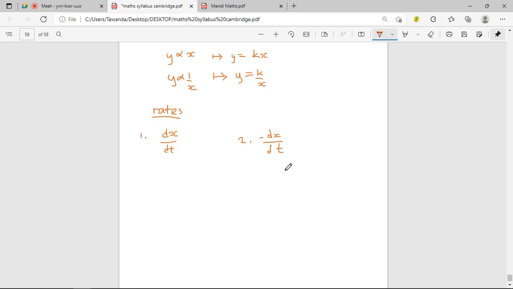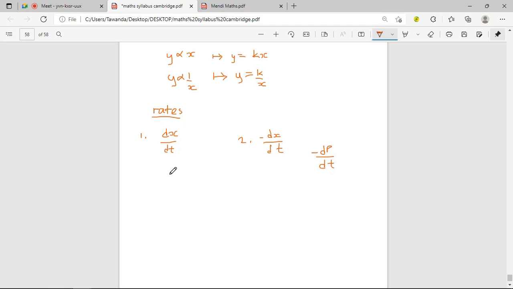So if you are given the death rate and P as your population, the death rate is represented by negative dP over dt. So your death rate in terms of P, you are going to write as negative dP over dt.